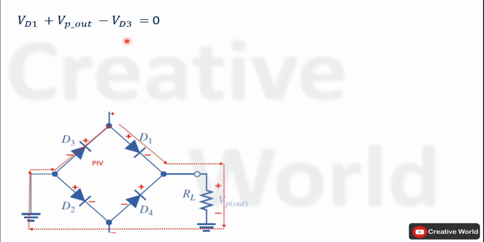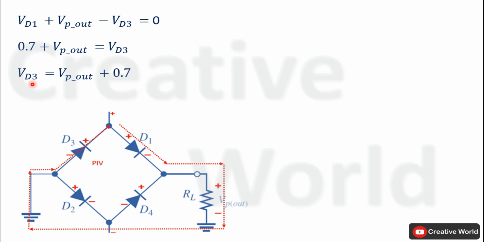Now we are interested to calculate voltage across this D3, so we have to place this voltage on the other hand side of equal and replace VD1 with its value, which is taken as 0.7 volt in case of silicon diode. We can rearrange this equation. So the equation of voltage VD3 will be equal to V peak output voltage plus 0.7 volt.